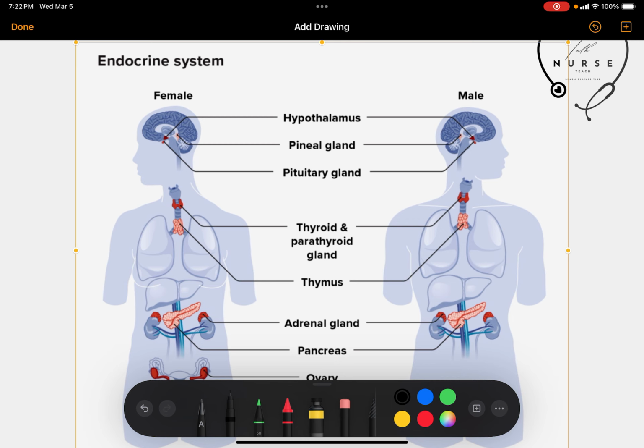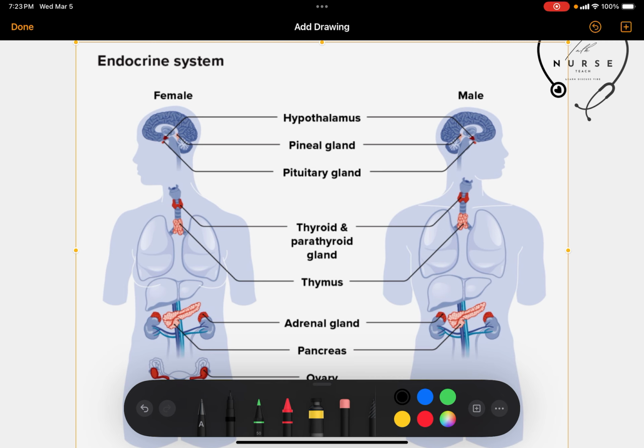Main thing here, we want to note that the endocrine system is made up of multiple glands, as you see here, and the female and the male is presented. You have the hypothalamus, the pituitary gland, thyroid gland, parathyroid glands, which are located behind the actual thyroid gland.